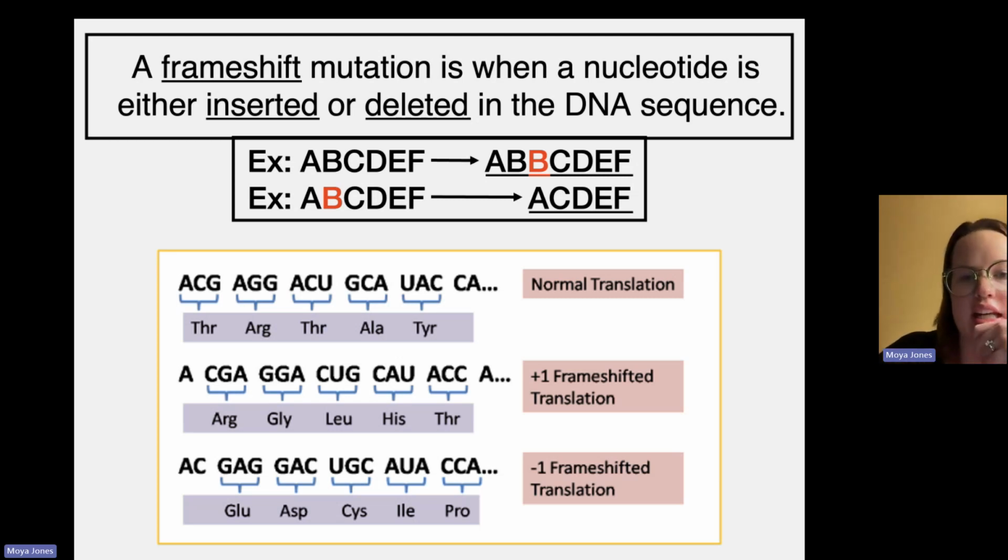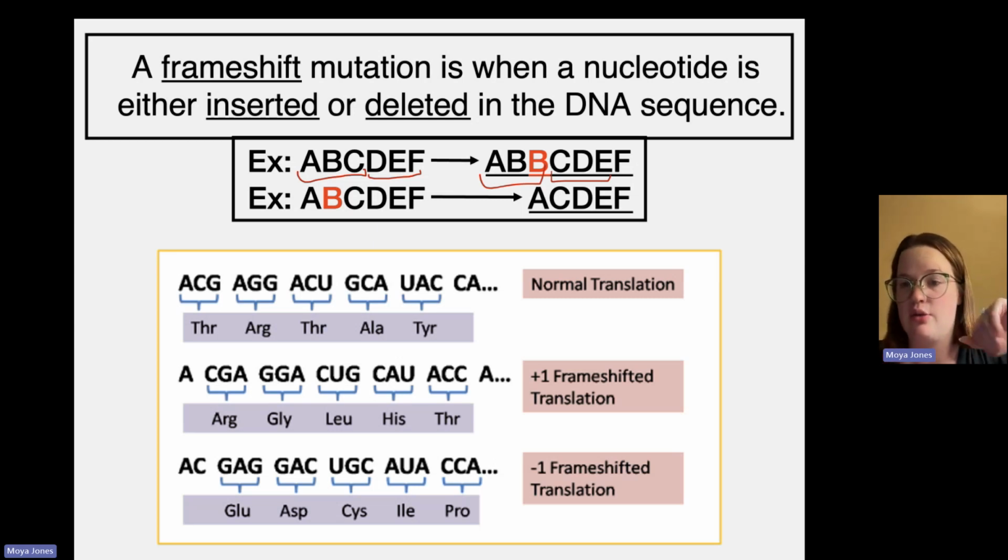So if you look, this DNA started by having 6 nucleotides, and now there are 7 nucleotides. So instead of the codon being A, B, C, and the next codon being D, E, F, the first codon is A, B, B, and the second codon is C, D, E. So the frame shift mutation will affect not only the area where the mutation occurs, but everything after it as well.